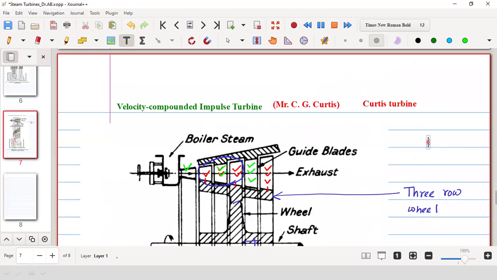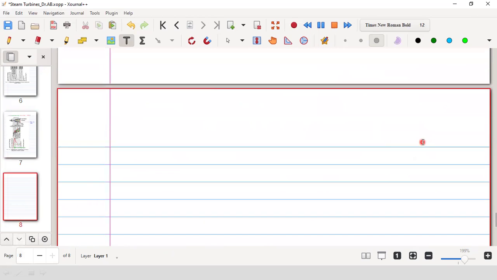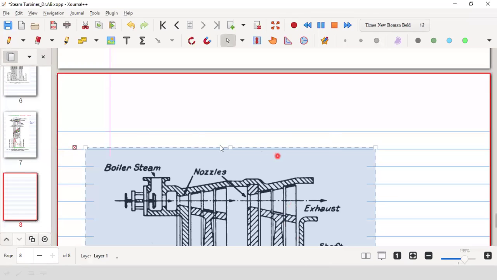Next, we will have a pressure velocity compounded impulse turbine. So here, there will be basically compounding of both.